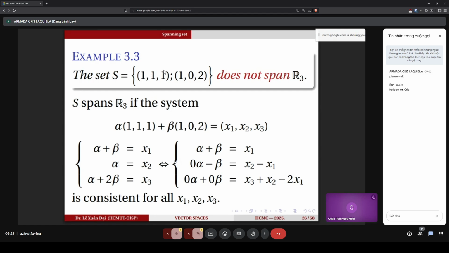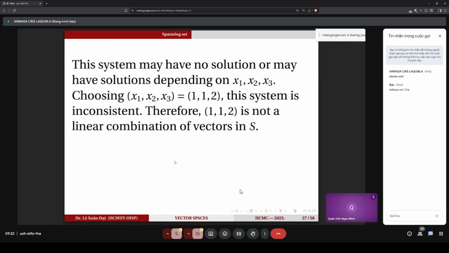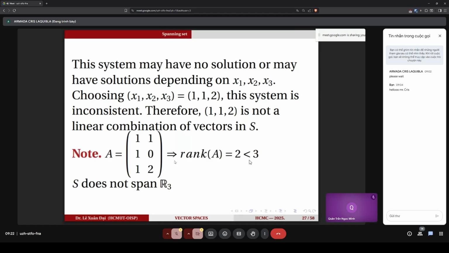You have your three numbers, right? First coordinate, second, and third coordinate, and the rank is not equal to 3. It's only 2, so it will not span R3. If the rank is equal to 3, it will span R3.